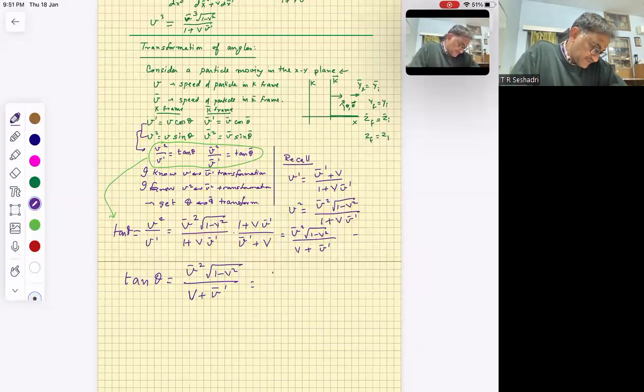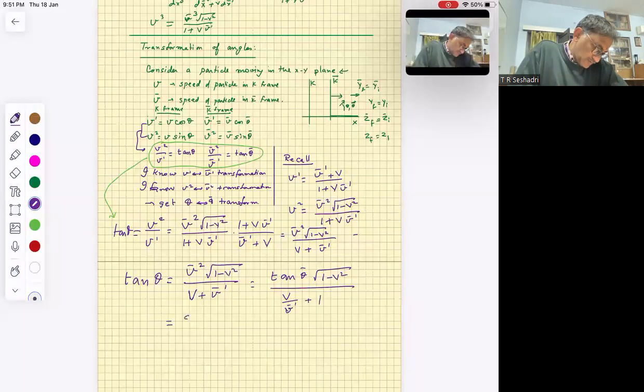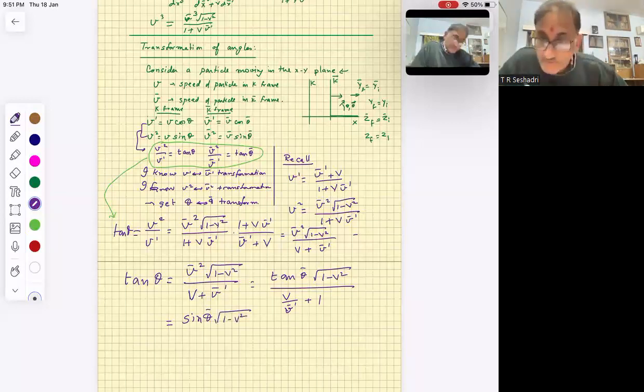If I divide, this will be tan theta bar square root of 1 minus V square by V by V1 plus 1. And this is equal to sin theta bar square root of 1 minus V square.